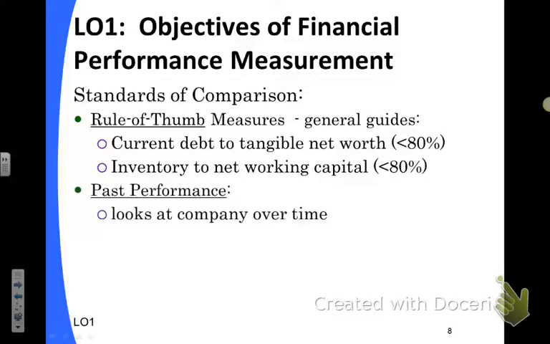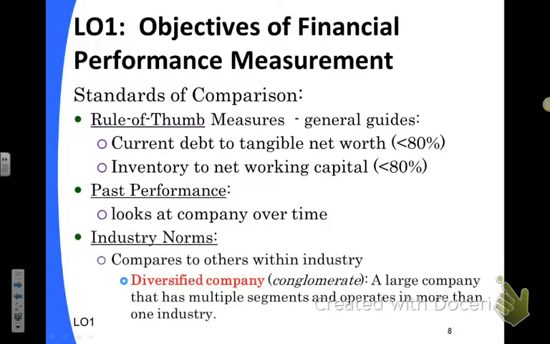We're also going to use what we call past performance standards of comparison, and we're going to look at the company over time. How is their current performance comparing to their past performance over time? And then we're going to look at industry norms and compare our company to similar types of companies.